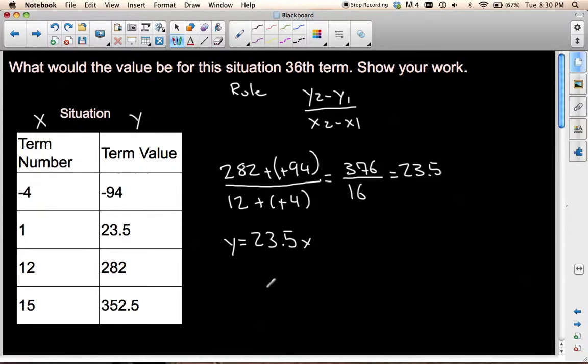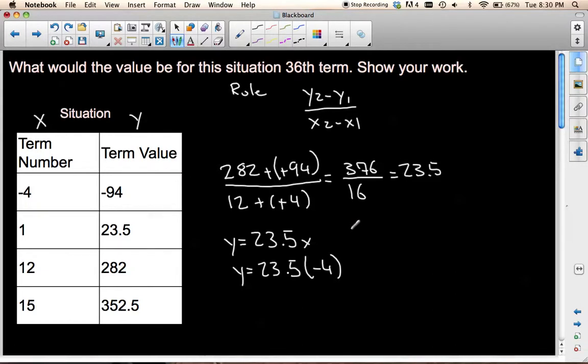Now we can take any one of our term numbers to see if we're right. So let's try y is equal to 23.5 times negative 4, sorry, we're going to use our x. So 23.5 times negative 4. Our answer should be negative 94.